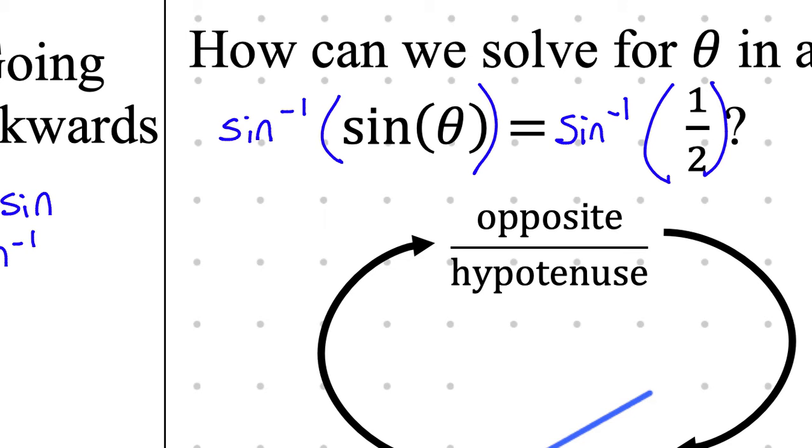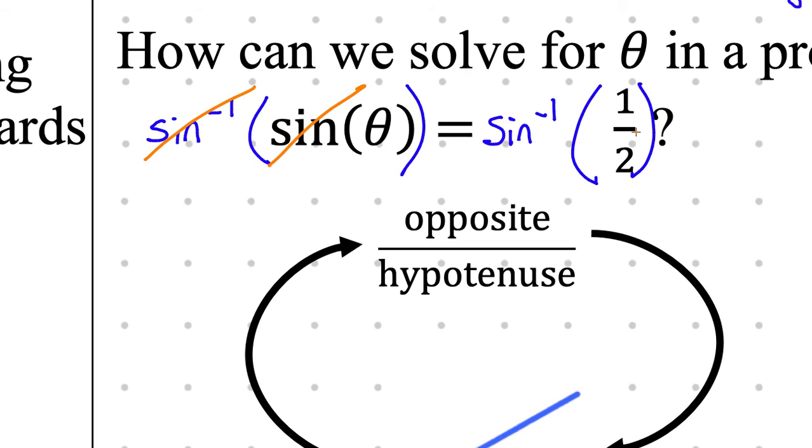So you cross out your arcsine and sine on the left, but the arcsine on the right-hand side stays behind because that's not undoing anything. Which means theta is by itself. On the right-hand side, I have arcsine of 1/2.